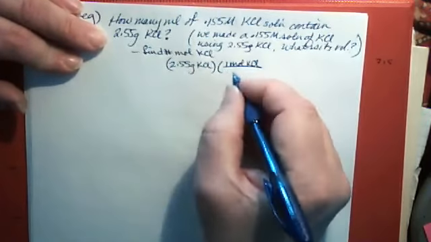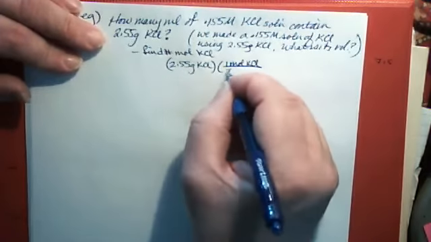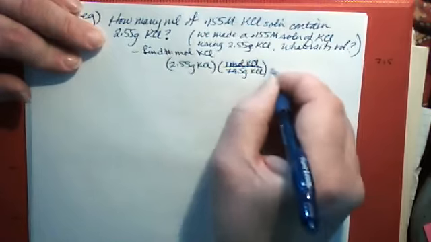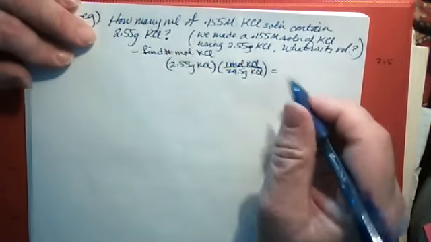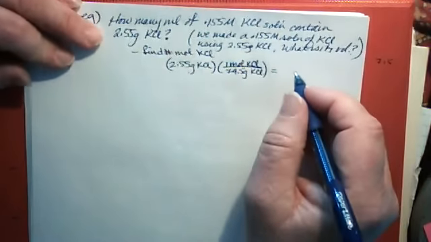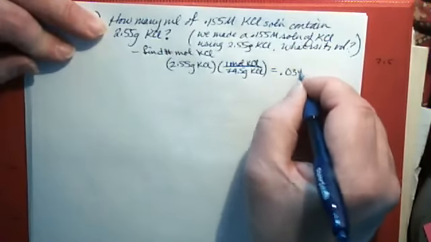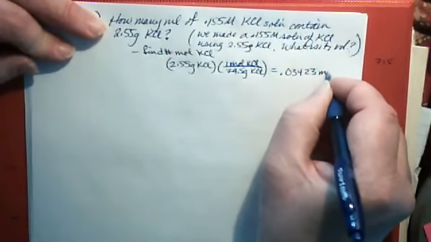And there's 1 mole of KCl for every 74.5 grams. And that means we've got 0.03423 moles of KCl.